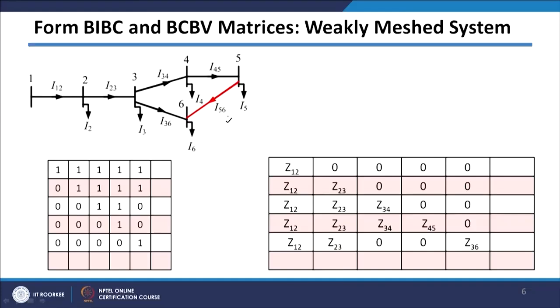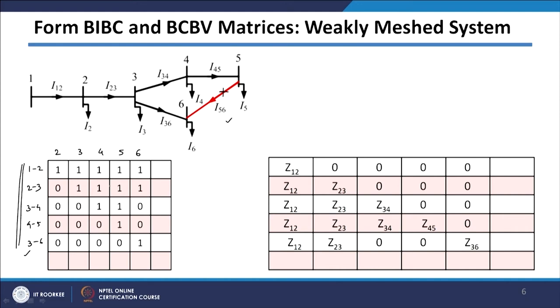When this system was radial and this branch was not there, we had got the BIBC matrix that I have shown here. We give node numbers here 2, 3, 4, 5, 6, and here we give the branch numbers: 1 to 2, 2 to 3, 3 to 4, 4 to 5 and 3 to 6. These are basically the radial branch numbers.